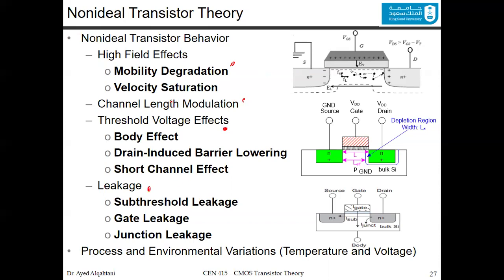All of these are non-ideal effects that make what we discussed, the ideal transistor theory, or the relation between the current and the voltage, non-ideal. These effects are actually internal in the transistor itself. There are also external effects, like the process and environmental variation, for example, the temperature and the voltage that you apply to the gate.